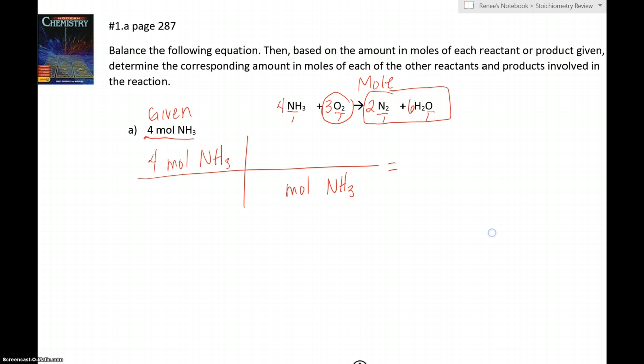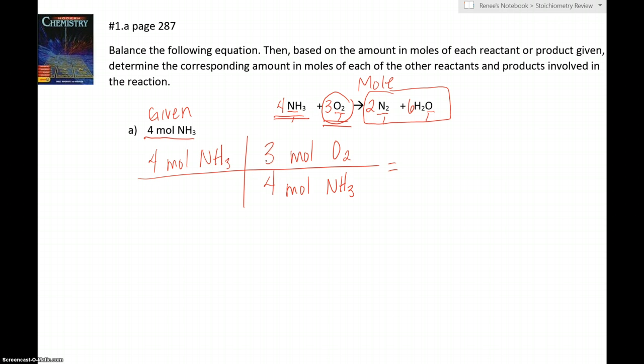And then we'll go ahead and start with oxygen at first. So we're going to find moles of oxygen. When we do these mole to mole, we're always pulling from the balanced chemical equation. So for ammonia, we can see that we have 4 moles of ammonia for every 3 moles of oxygen.